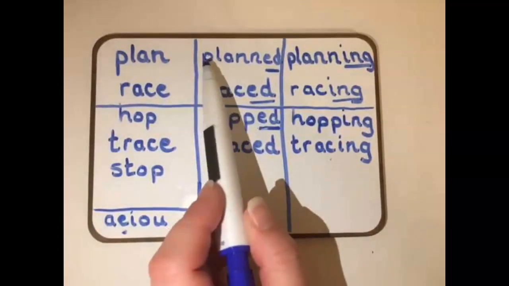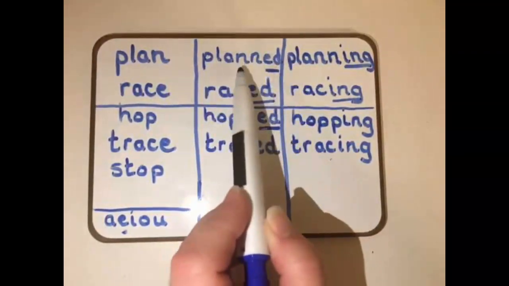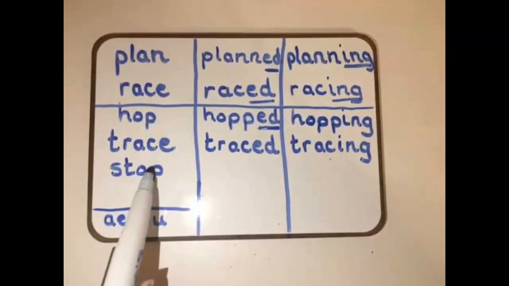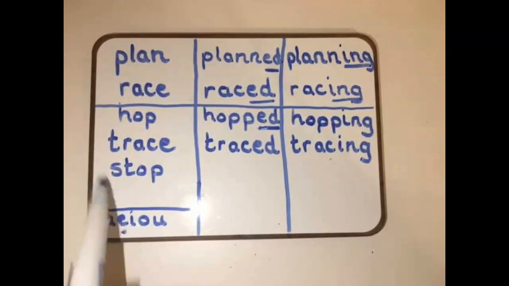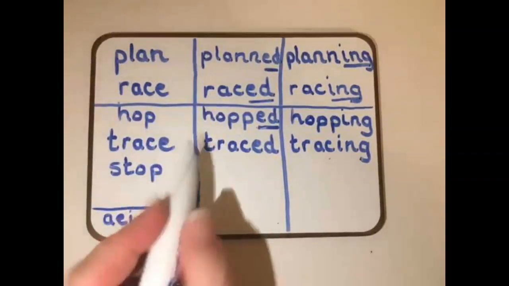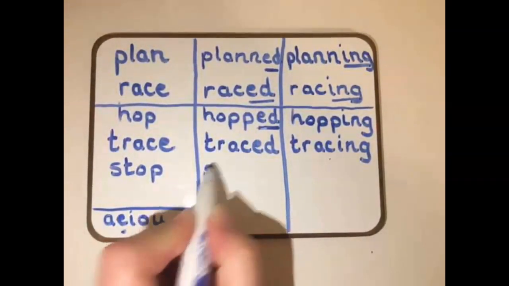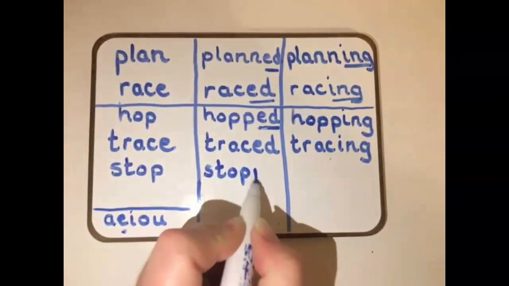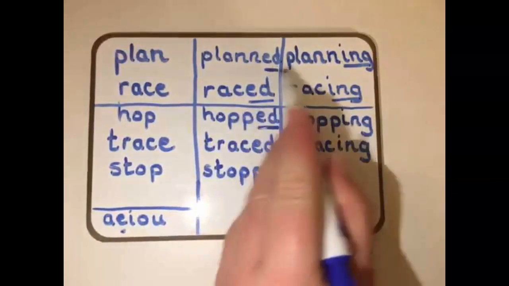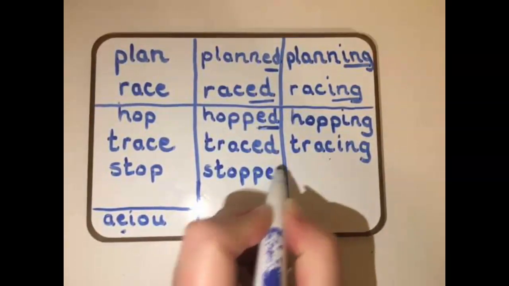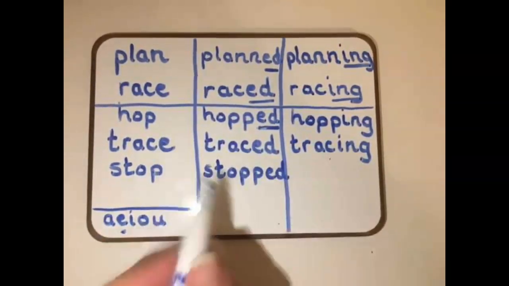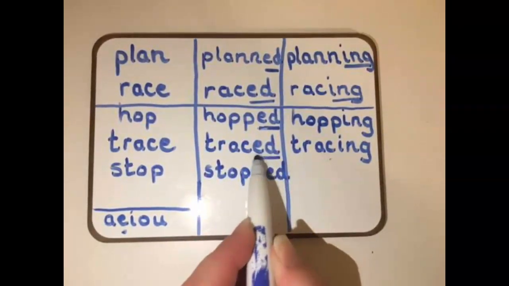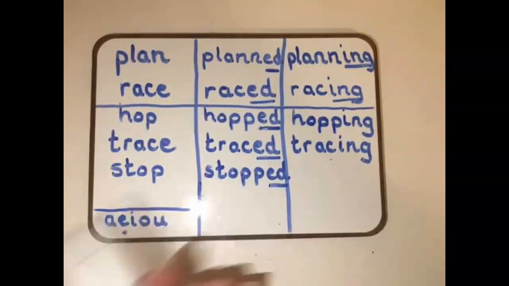So if we're turning it into stopped, then we know we need a joining letter, and we know that joining letter will be the same letter that the original root word ended with. So we know we need S-T-O-P and another P, and then E-D. Right? Okay, and I forgot to underline my suffix there, and there's my suffix there.